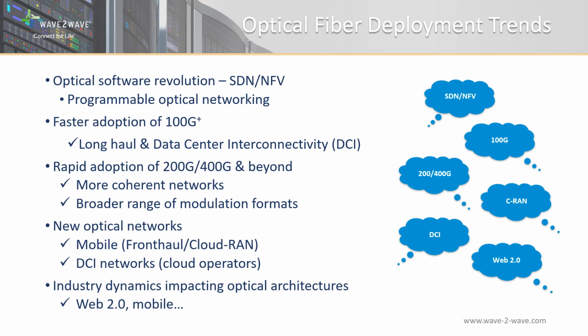Organizations that once considered 1 gig or 10 gig sufficient bandwidths are being driven to deploy 40 gig, 100 gig, 200 gig, and beyond. Capacity, speed, and reliability are critical to the market, and new optical layer 0 cable plants are being constructed for a number of applications, including mobile and data center cloud operators.